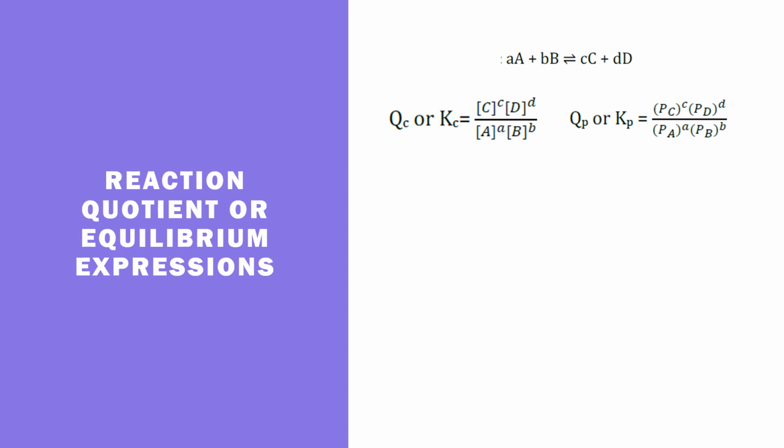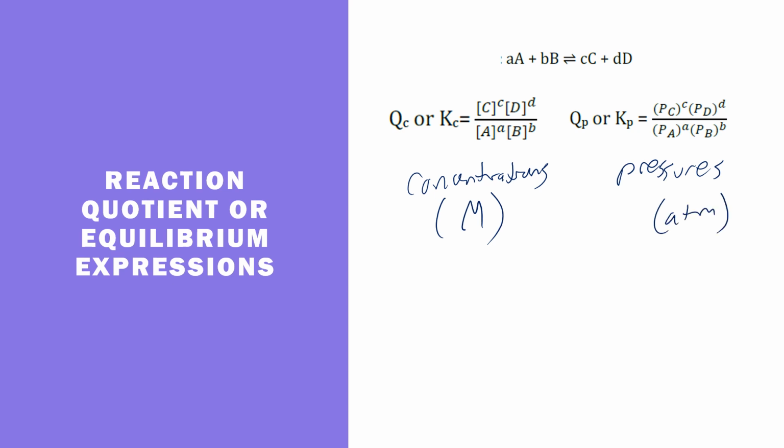If you have more complicated reactions, you're going to have a more complicated equilibrium constant or reaction quotient. So in order to figure that out, we need to use what's called an equilibrium expression or a reaction quotient expression. It depends on whether you're doing concentrations, which should be in molarity, or if you have pressures, which will be in atm.